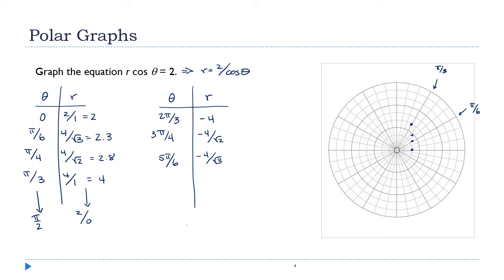Right? So when I go to 2 pi over 3, that's this line. I'm going to get negative 4. Make sure I stay on that line, right? I'm going to get this point here. For 3 pi over 4, I'm going to get something that's just a 2.8. It's almost 3.